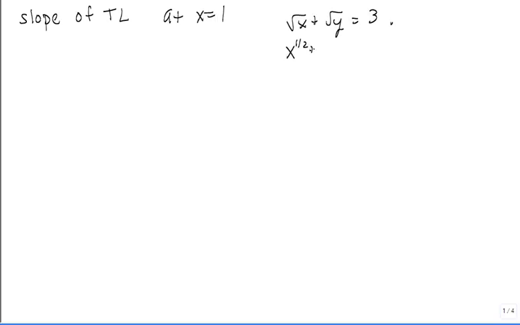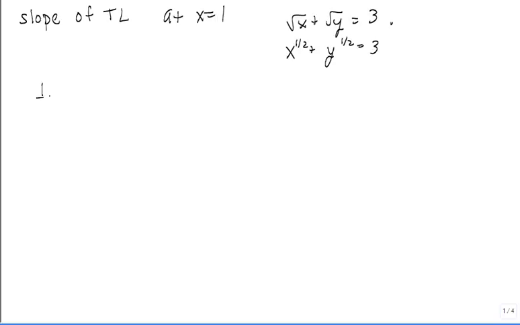Okay, let's find the slope of the tangent line at x equal 1 for square root of x plus square root of y equal 3. Okay, so we're going to do this implicitly. That's x to the 1/2 plus y to the 1/2 equal 3.